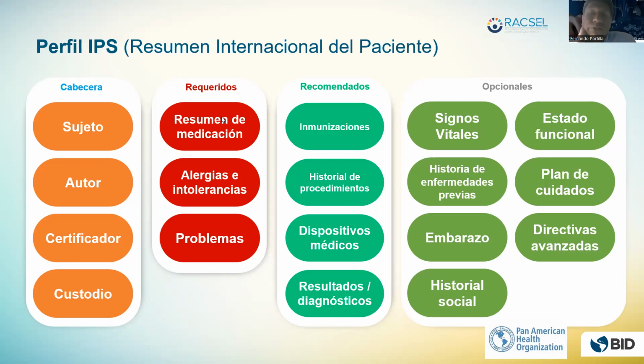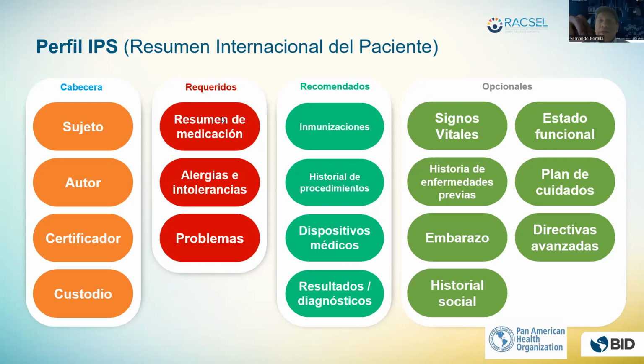And then the last one is optional, but they can still be key: vital signs, previous disease history, pregnancy, social history, functional state, a care plan, and advanced guidelines. So this is a very high-level overview of the components of the IPS.